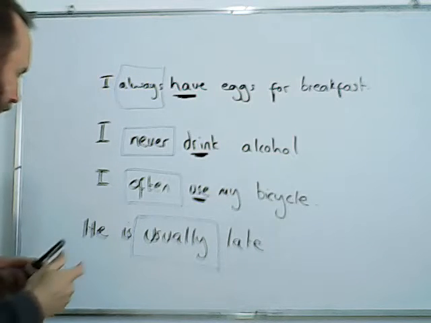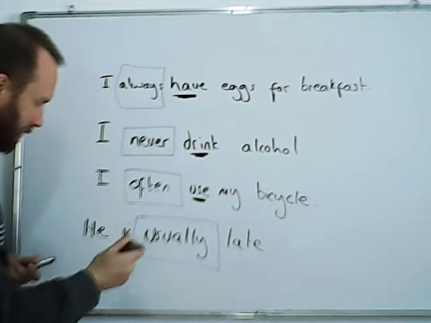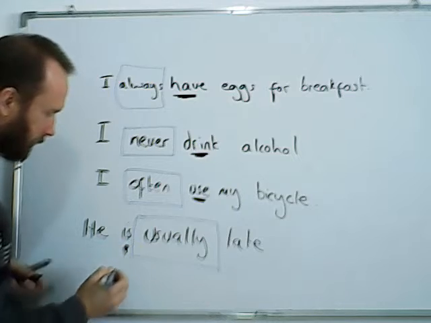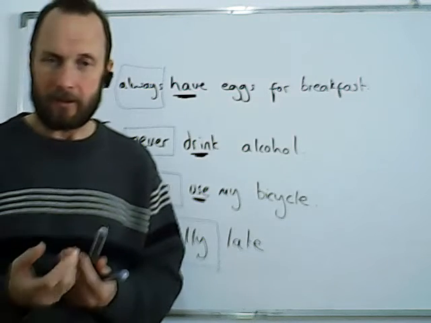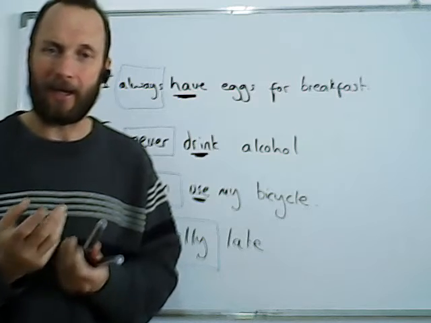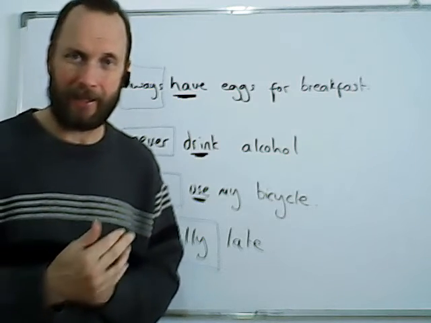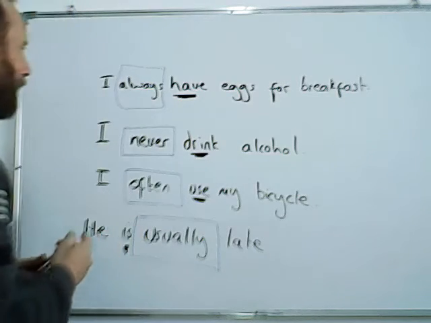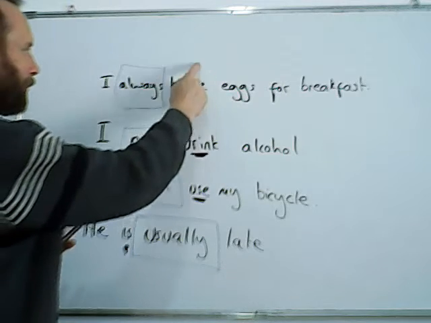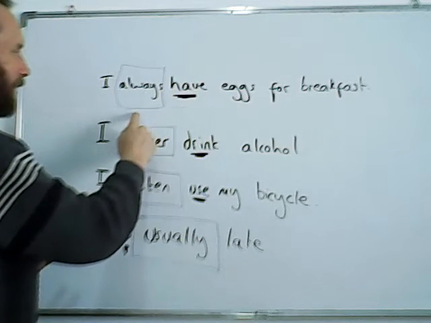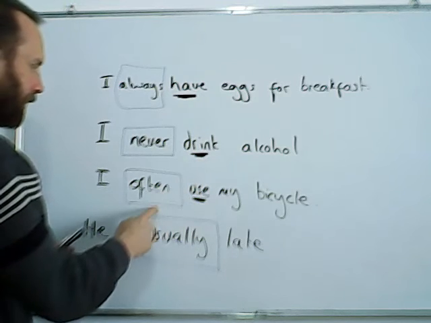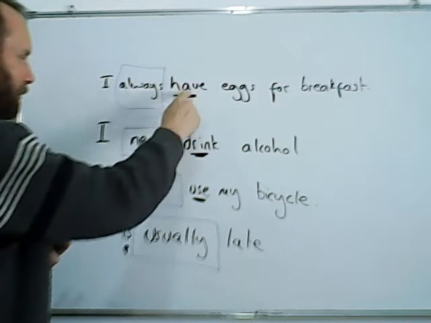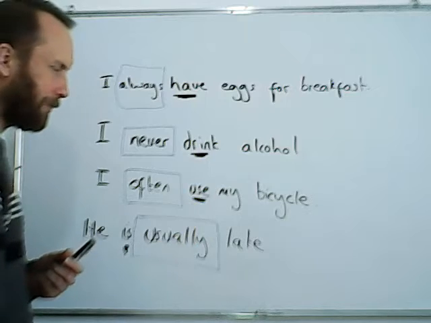The verb in this sentence is the verb to be here. So, these are our rules for English grammar and where we put the adverb of frequency. If we have a verb, they generally go before the verb. The adverb of frequency goes before the main verb.